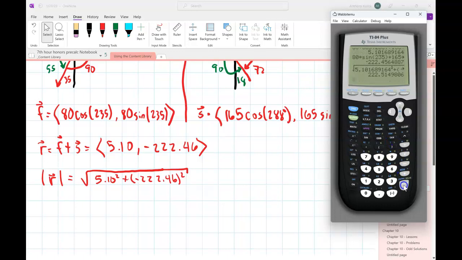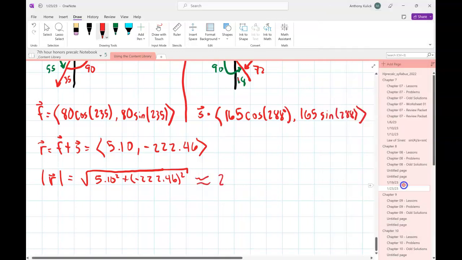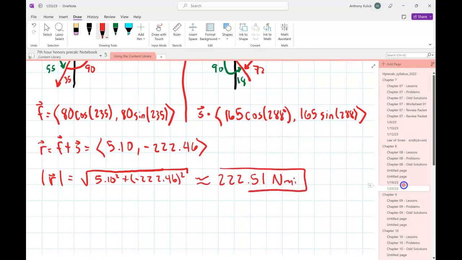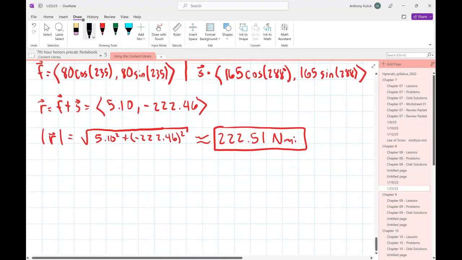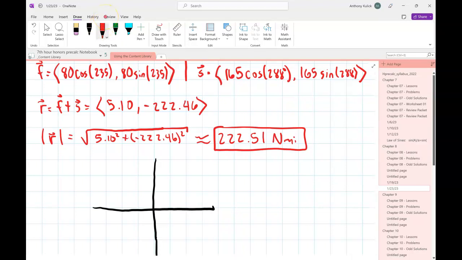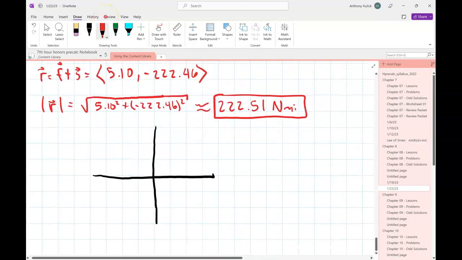So that's 222.51. And to get the direction, we're going to plot that resultant vector. So I went 5 over and then negative 222 down. So something like that.